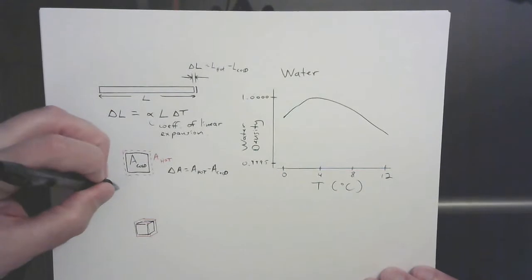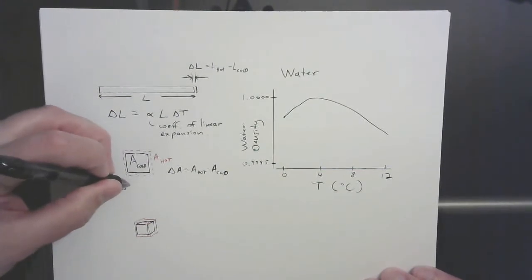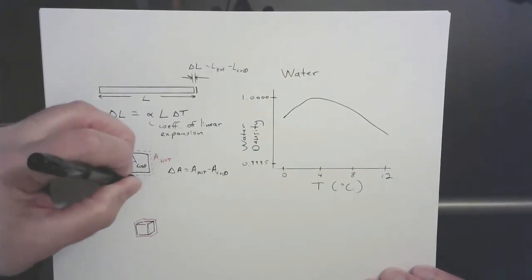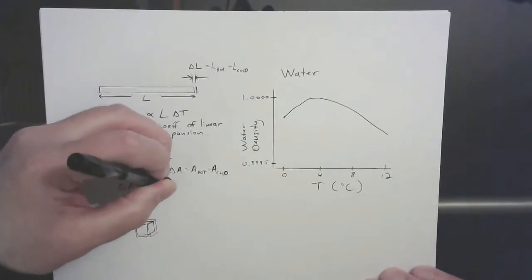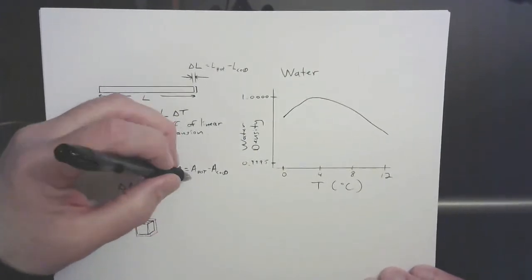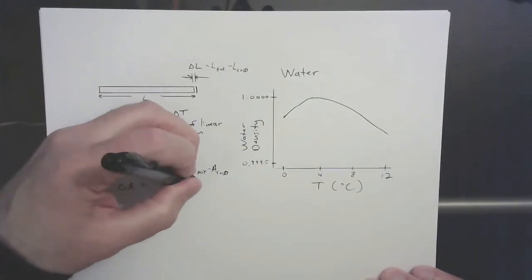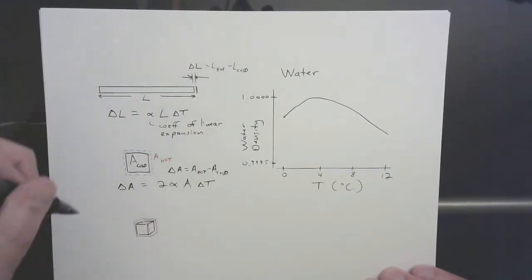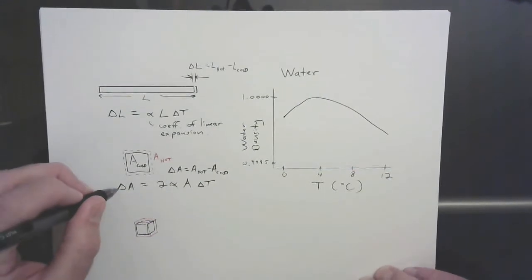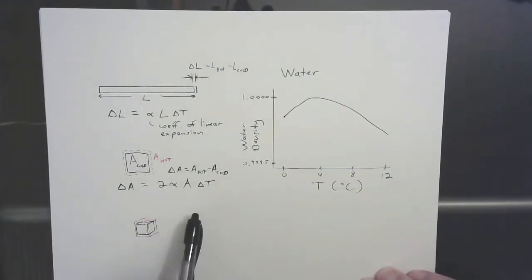Yes, you can, and it's delta area is twice alpha times the original area times delta T. 2 alpha, interesting.